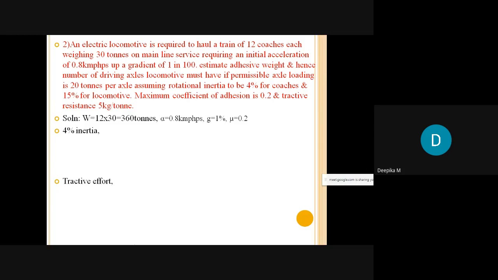So 4% inertia they have given. Therefore, the effective weight or the accelerating weight, how do we write this? WE is equal to W plus 0.04 W.